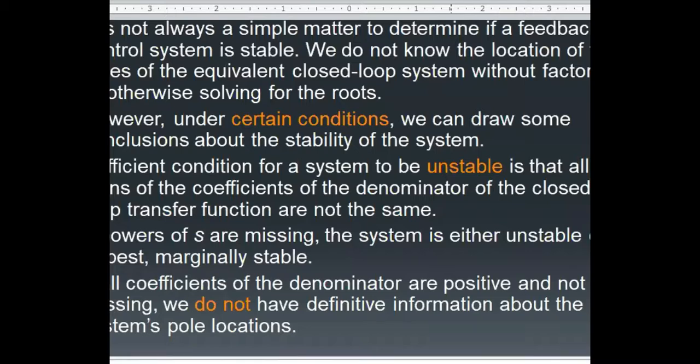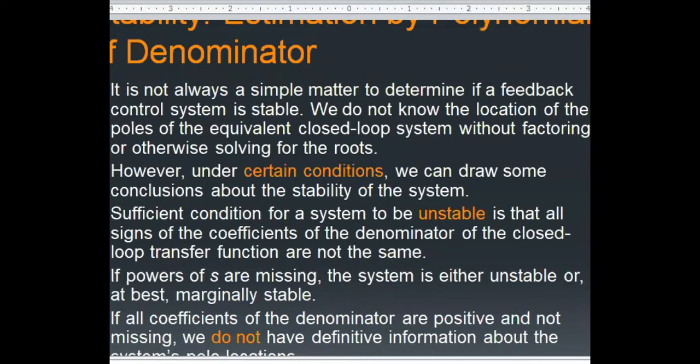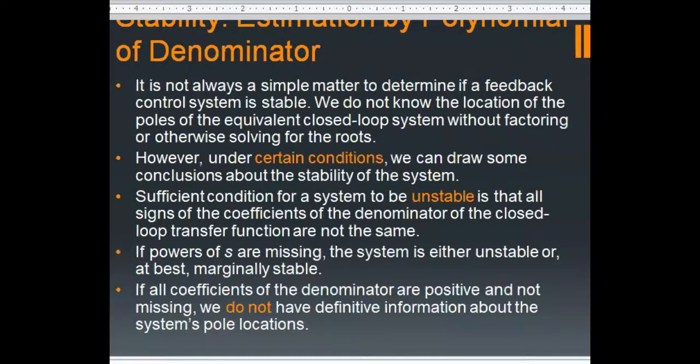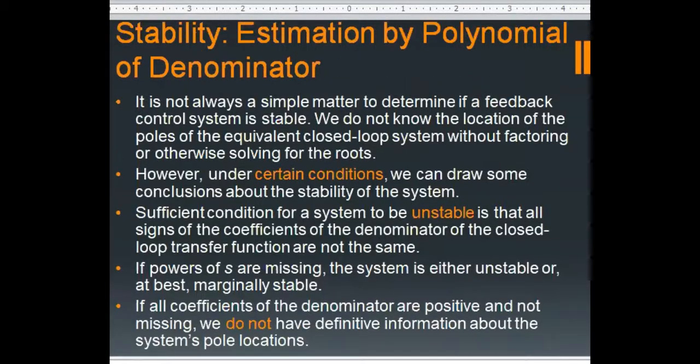There's one small topic which tells us about the system even without solving for the poles.